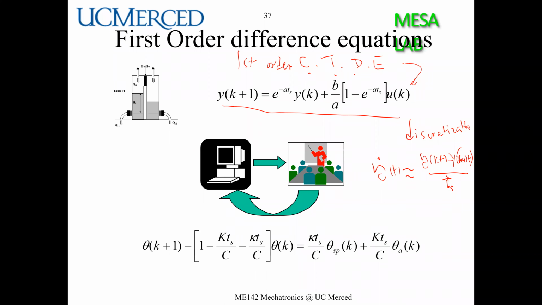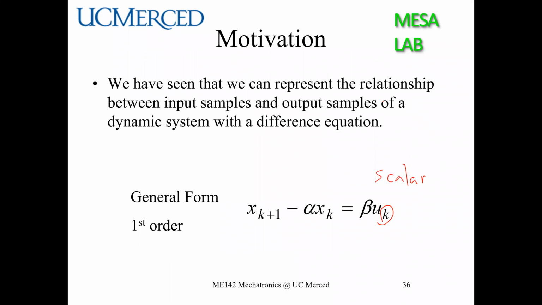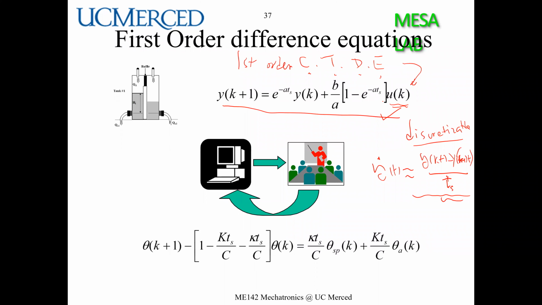Then through a discretization idea by using a finite difference, if your sampling period is small enough, this is approximately the same as y dot. Then you are getting a difference equation. And in this difference equation, u can be anything, u of k. It's not necessarily constant. So this is the general form of first order.